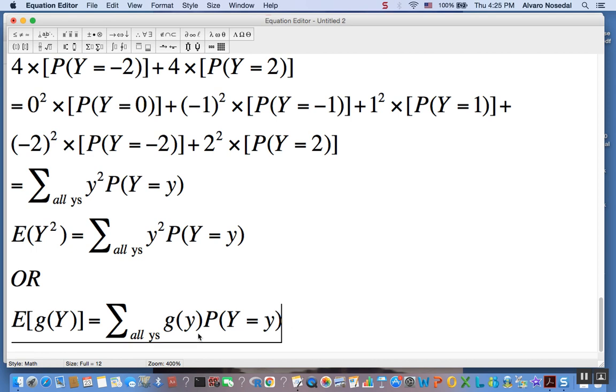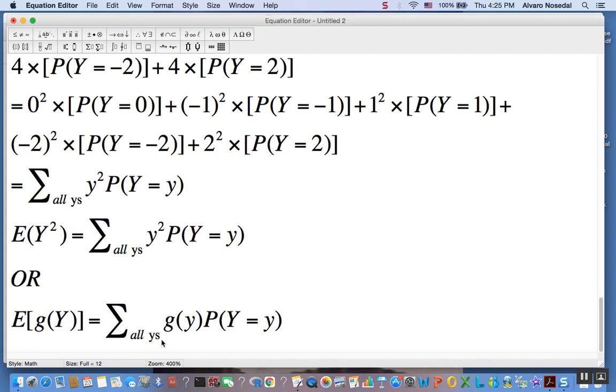If you want, you can use the probability distribution of the original random variable y and then just multiply each of those values by the transformation and then add them all up for all possible values of y. Makes sense? So that is the take-home message.